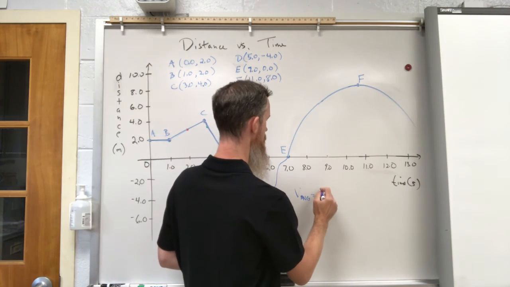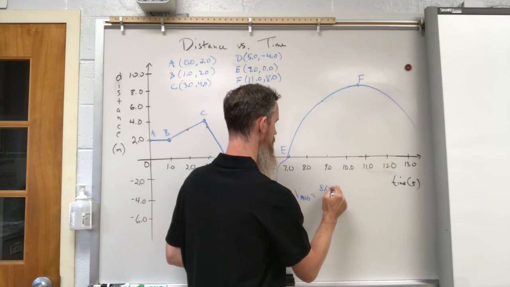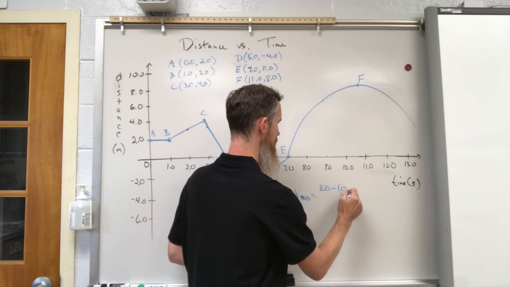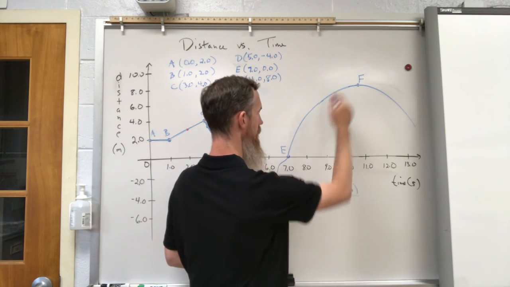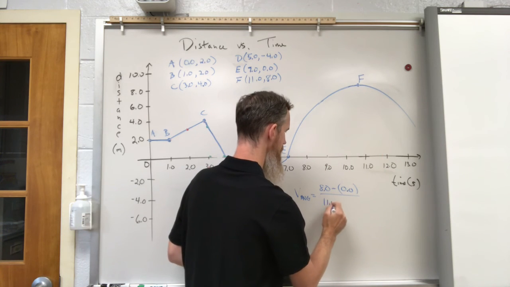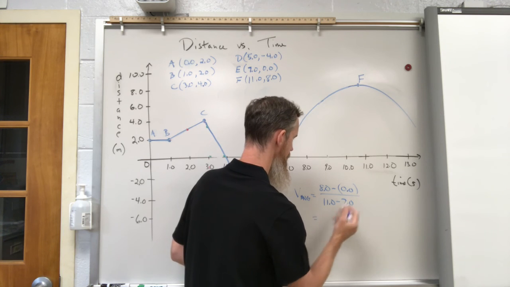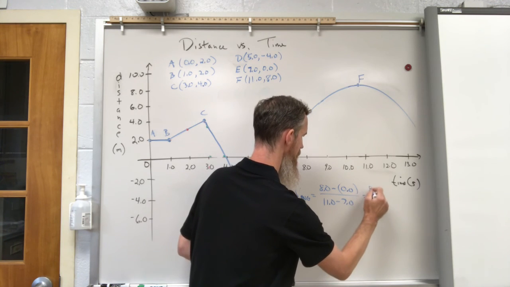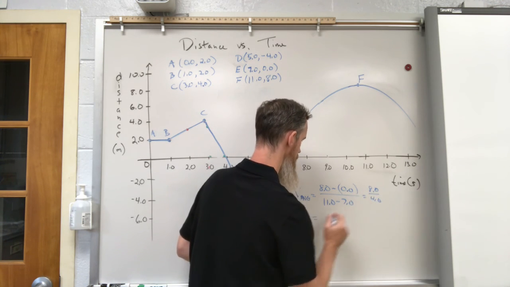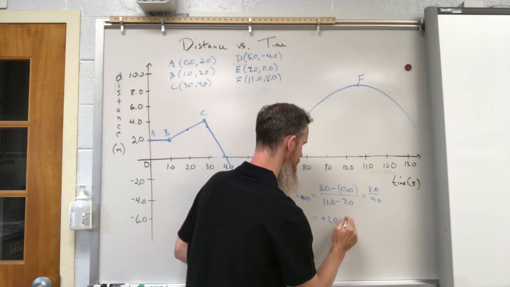So I go up to 8 minus, I start at 0, and I do this all in from 7 to 11 seconds, that's 4 seconds. And this ends up being 8.0 over 4.0, and so 2.0 meters per second.